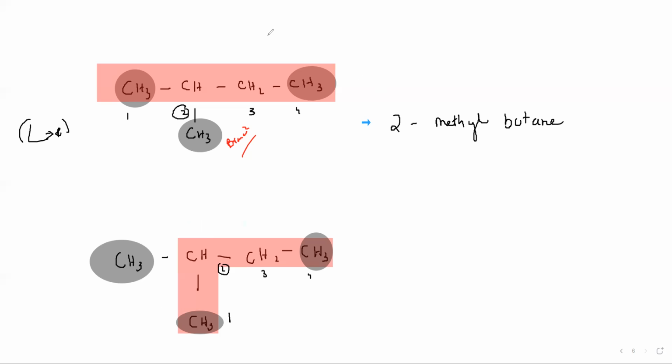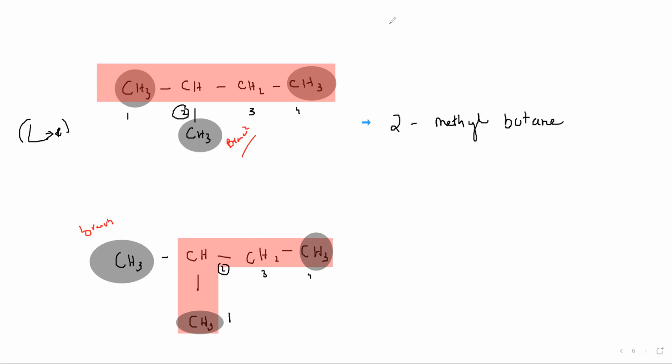So again, you can see this is what is left. What is not included in the chain refers to the branch. How many carbon atoms are there in the branch? The second example, we select the longest chain from bottom to right.